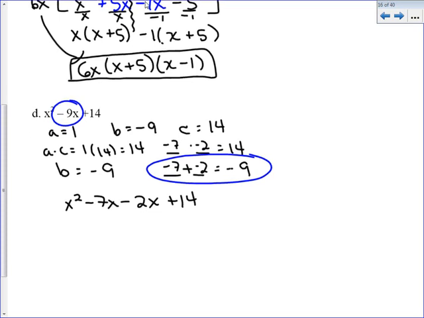Split this in half. What's the GCF in my first group? X. Factor that out. I'm going to be left with x minus 7. GCF in my second group?